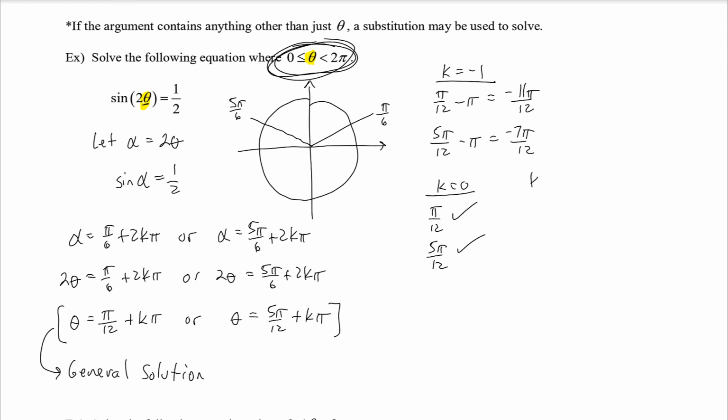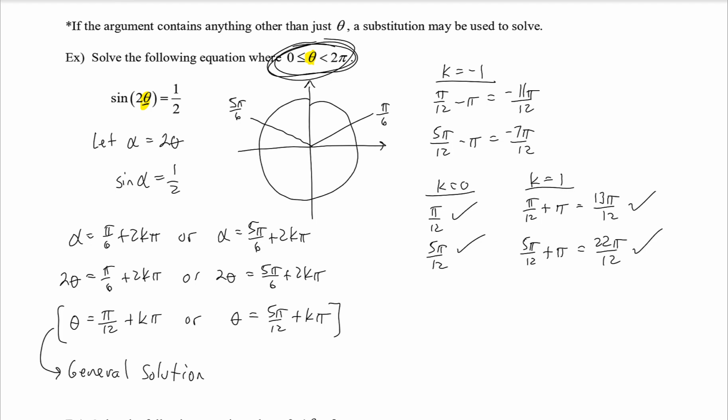What if I plug in k equals 1? I get pi over 12 plus pi, and I get 13 pi over 12. Ooh, I like that. That's less than 2 pi. 5 pi over 12 plus pi would be 17 pi over 12.